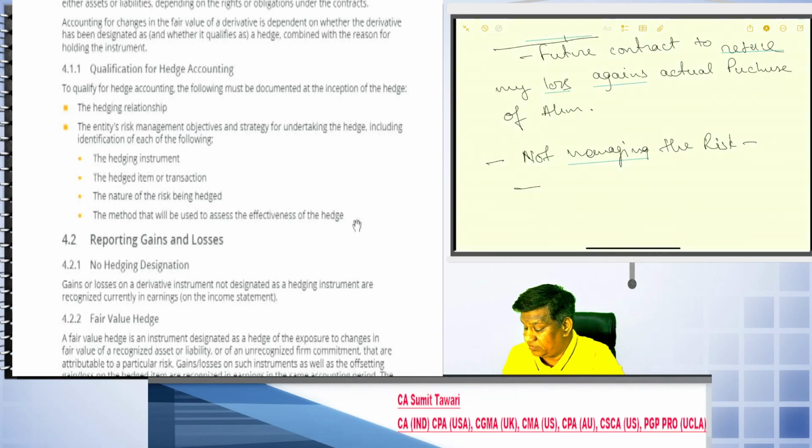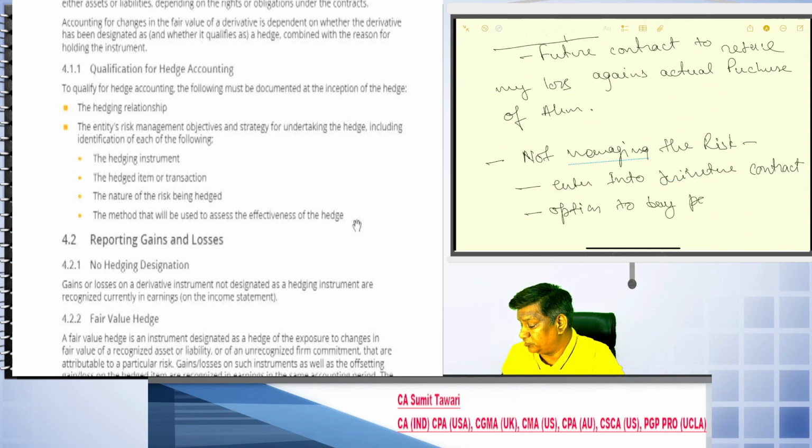But we enter into a derivative contract. Like I decided to purchase an option to buy a particular share at, say, $20 after 3 months.